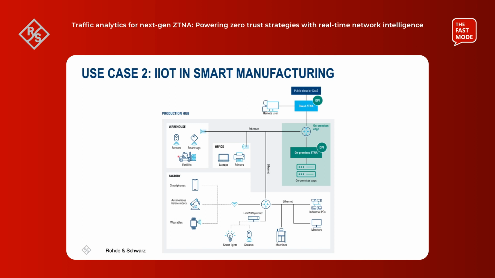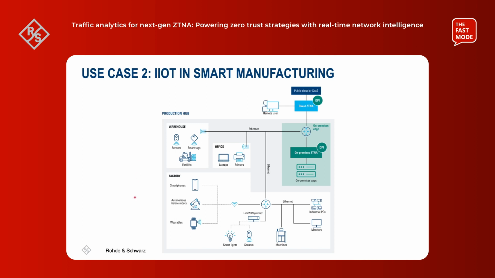Smart manufacturing benefits from ZTNA as it enables IoT assets such as computers, robots, machines, wearable devices, sensors, vehicles, monitors, smart tags, meters, and cameras to securely access various applications hosted on-premise or in the cloud. This figure here illustrates a typical network architecture for smart manufacturing. In this use case, DPI equips ZTNA with fine-grained traffic analytics that support access control and security.